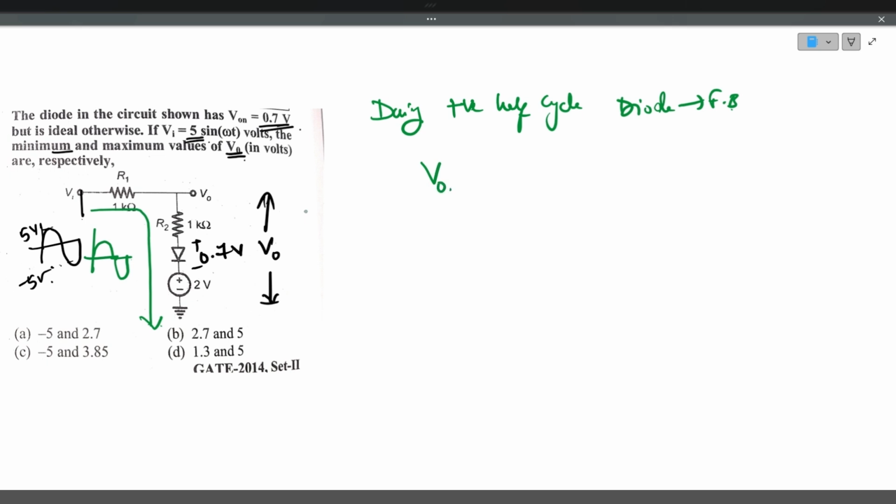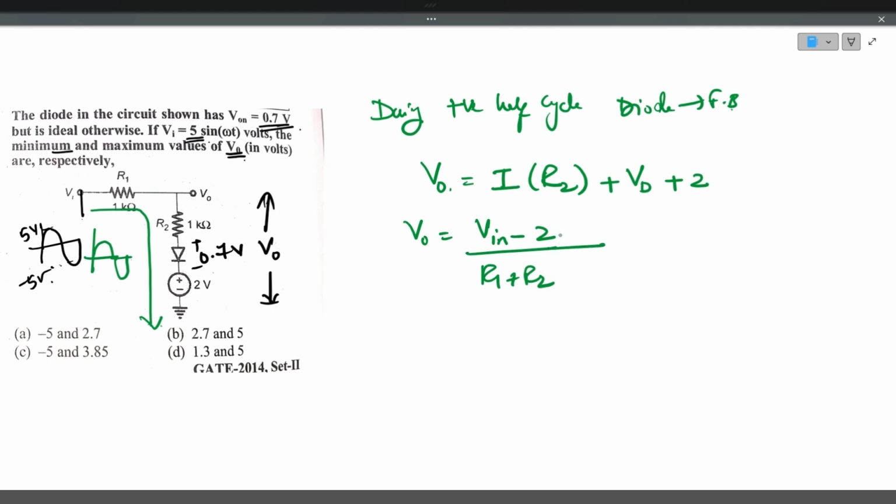The output voltage will be the current that is flowing through resistance R2 plus diode voltage drop VD plus 2 volts. The current that is flowing in the circuit is V input voltage minus 2 volts divided by total resistance R1 plus R2. Here the forward voltage drop also should be taken care, minus 0.7 also, plus 0.7 diode voltage plus 2 volts.